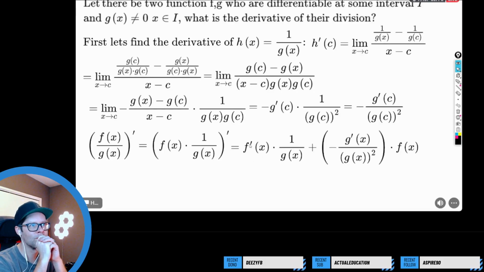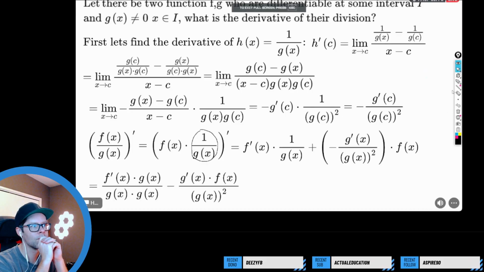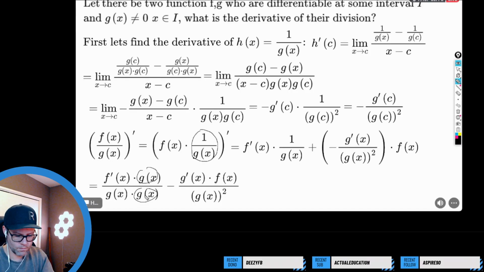So we already know that this is the derivative of f of x times 1 over g of x plus the derivative of 1 over g of x times f of x. And if we multiply f tag of x and divide it by g of x, we can do this because in here we have that g of x is different than 0.